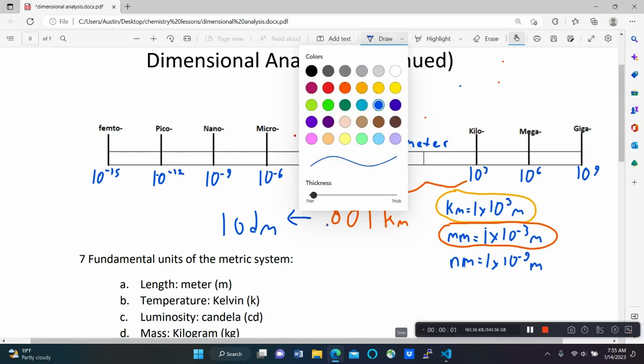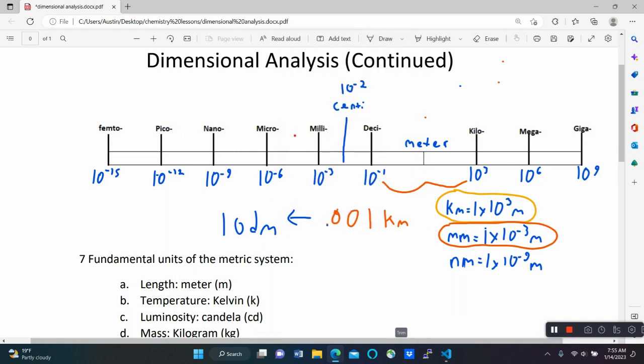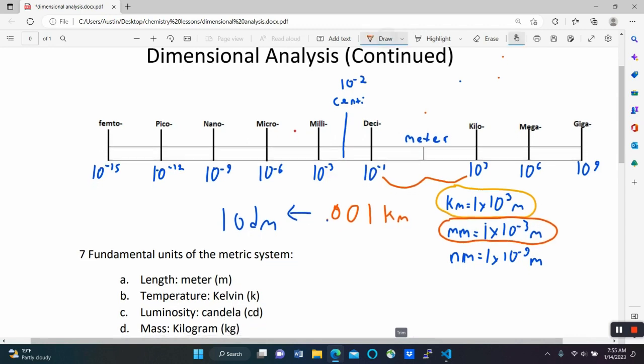Now let's do another example. Say we want to convert from decimeters to millimeters. Well, if you look at the scale above, you'll see that the difference between the milli and deci prefix is a factor of 10 to the second.